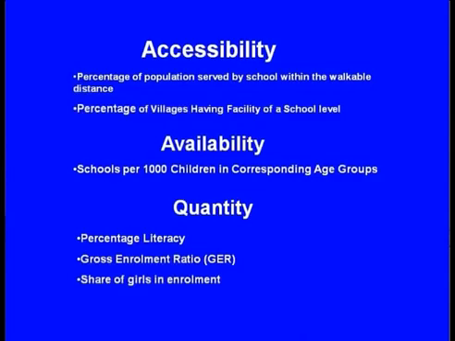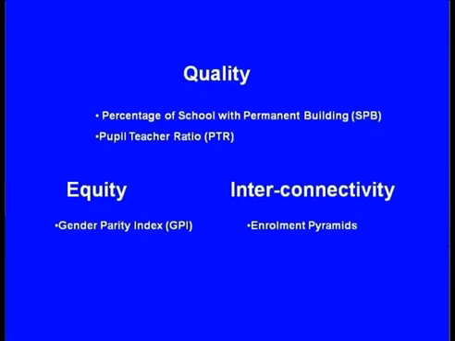Then what is the quantity, that is the percentage literacy, gross enrollment ratio and share of girls in enrollment. Further, quality tries to take into consideration the percentage of schools with permanent buildings and pupil to teacher ratio. Equity takes into consideration the gender parity index, and interconnectivity takes into account the enrollment pyramids.